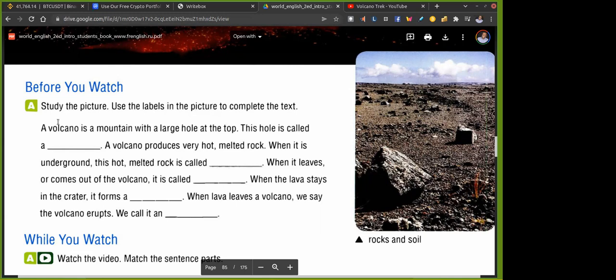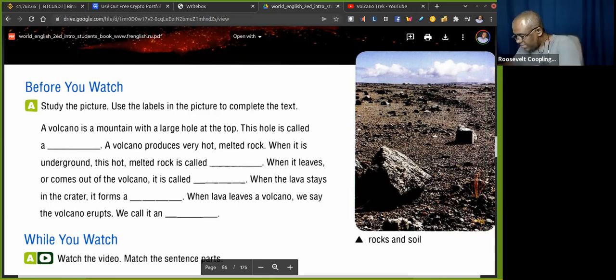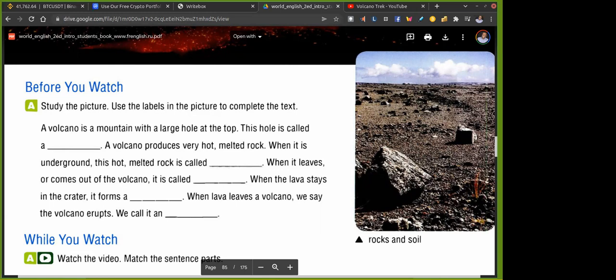A volcano is a mountain with a large hole at the top. This hole is called a crater. A volcano produces very hot melted rock. When it is underground, this hot melted rock is called magma.